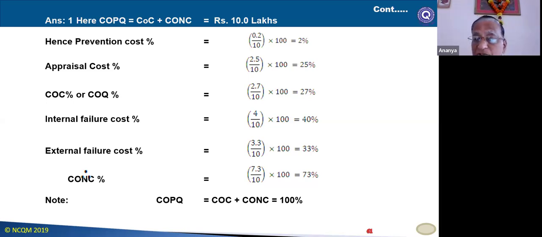But total cost of quality, if you want to say 100%, because positive plus negative. So just to repeat, I am telling it here. In cost of quality, we have got positive element, we have got negative element. Positive element is prevention plus appraisal, which we have to do more and more, so that CONC, which is internal failure and external failure, is reduced.